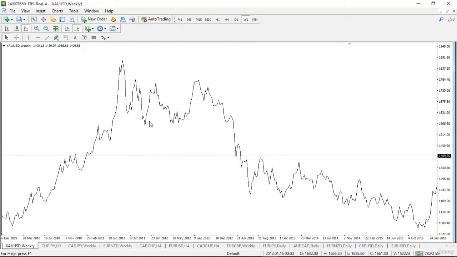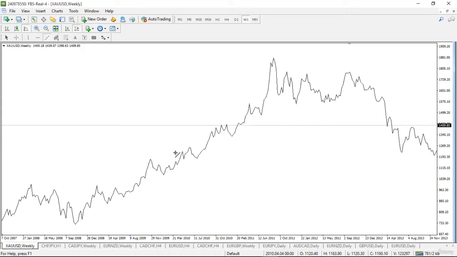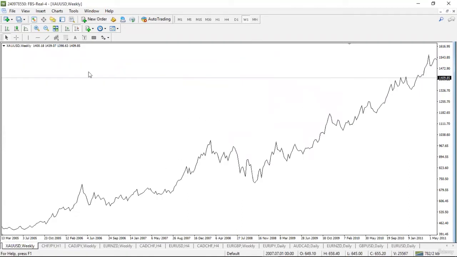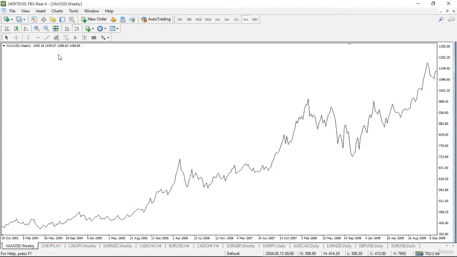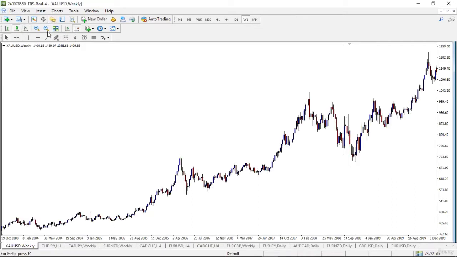At any point when you open the charts, I'm sure you can get a trend. This is an uptrend. It's going up, sloping up. You have a trend line sloping up. This was also another uptrend because the market is trending up. It's going up. As you can see, it's going up here.